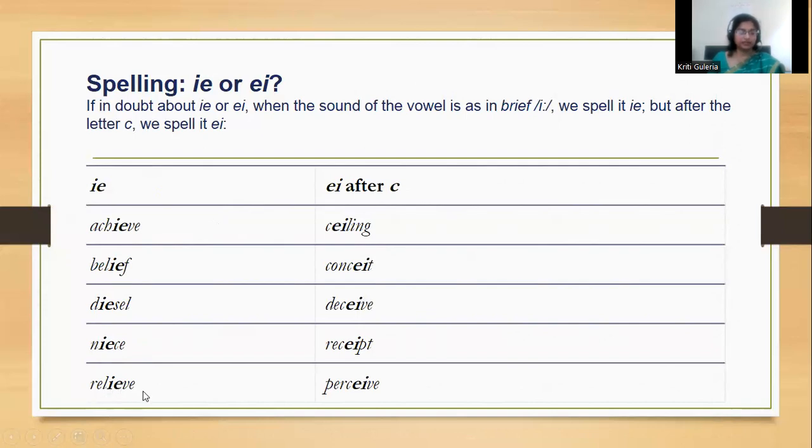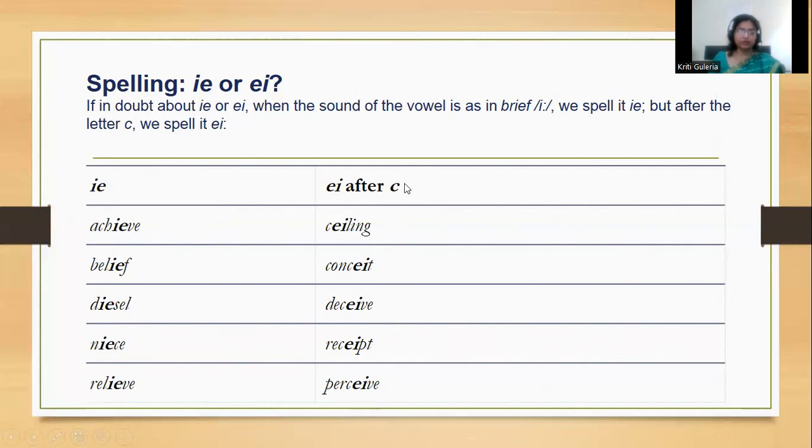Whereas if it is C just before EI, it will become EI, like ceiling, CEILING, conceit, CONCEIT, deceive, DECEIVE, receipt, RECEIPT, here P is silent, receipt, perceive, PERCEIVE, right?